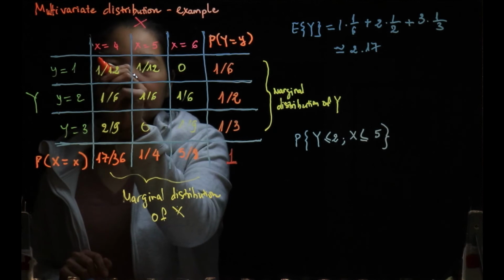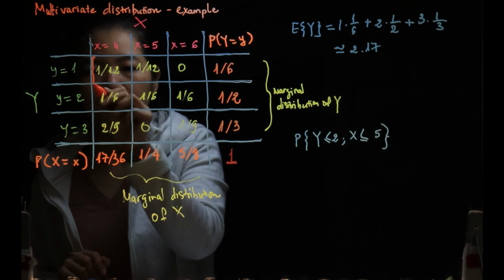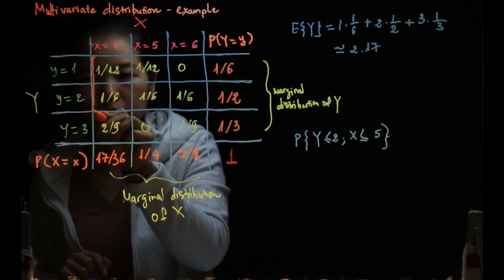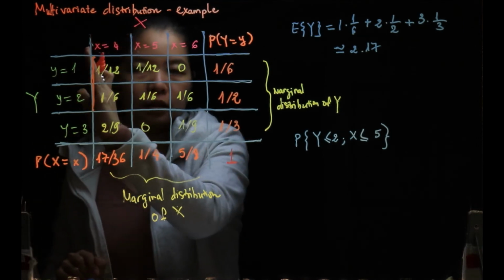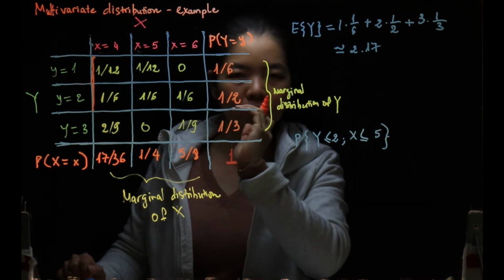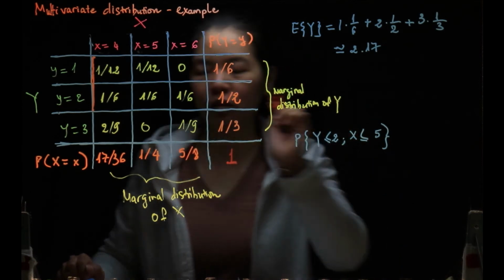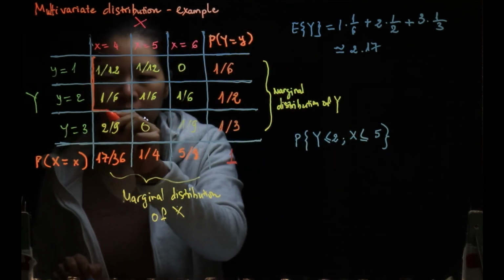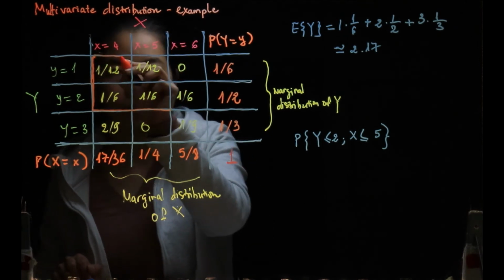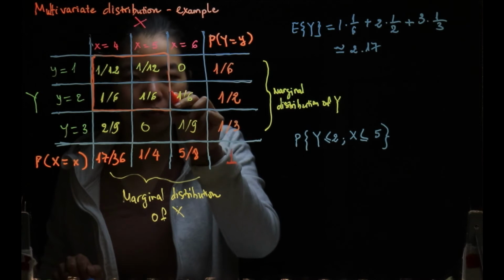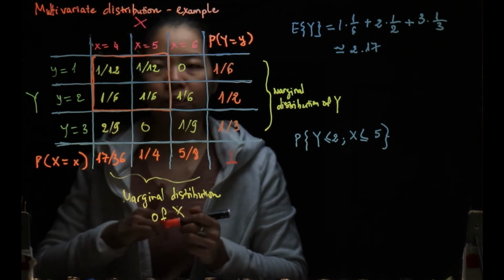So in the discrete case, you simply sum up all the probability that y smaller or equal to 2. So it's until here now. And sum up all the way to the right, right? No, because we want to consider it only when x smaller or equal to 5. So only up to this point, right? So you sum up all the probability of these 2 rows over these 2 columns. That is 4 cells.